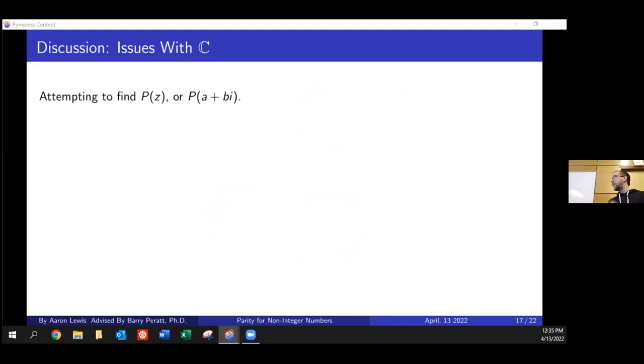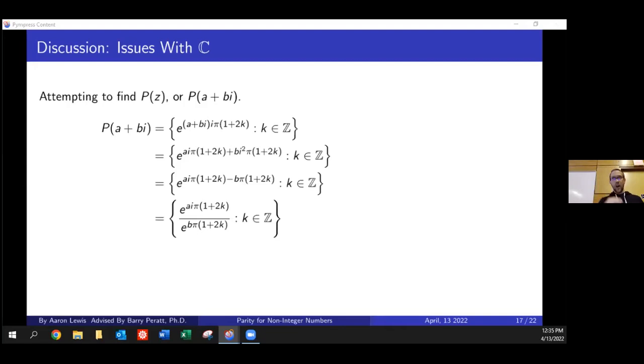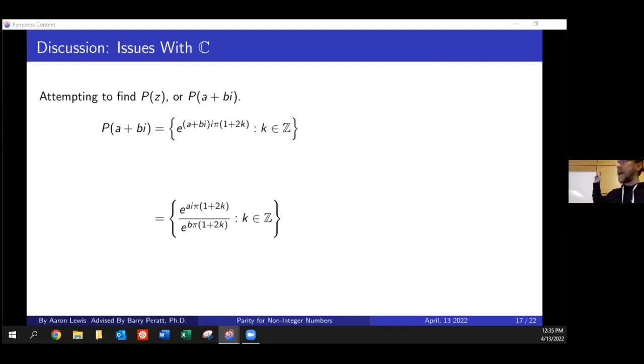So, not being able to go further into the real numbers, we instead look at the complex numbers and run into a few issues with that too. If you look at P of Z, or P of A plus BI, you'll see that we get something similar looking, but when you simplify it out, there's actually a real number that you're multiplying or dividing by.